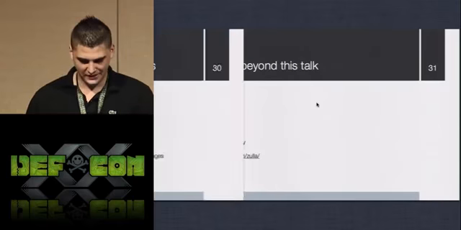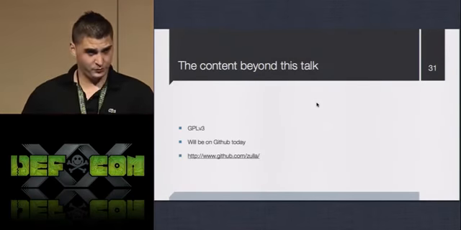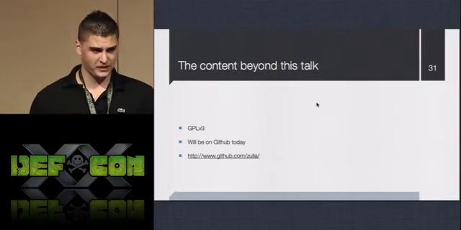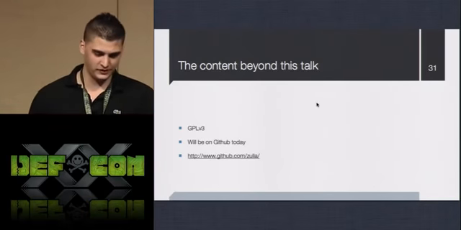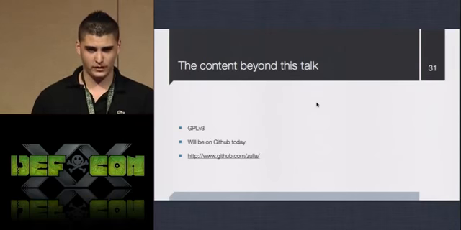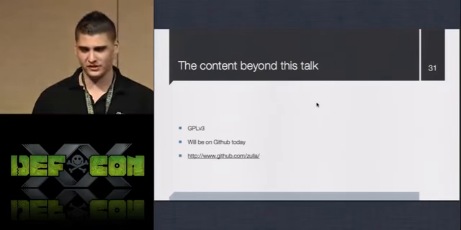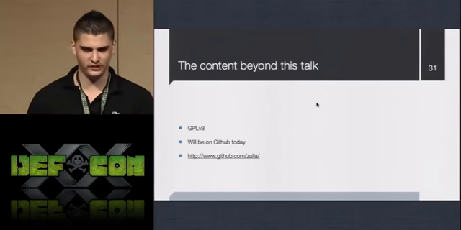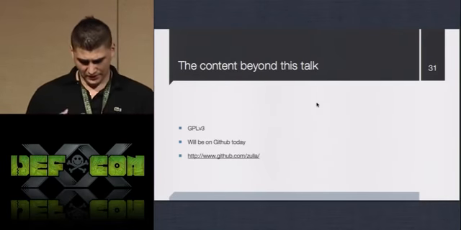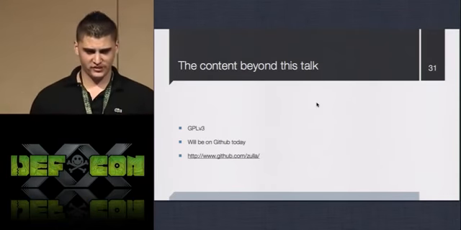So, yeah. The content beyond this talk is going to be a framework for web scanning that has a browser engine included. It has 2,000 different plugins for different vulnerabilities and old WordPress exploits and Joomla and Drupal and all that stuff. There's going to be a mathematical engine to do some of that error message parsing.